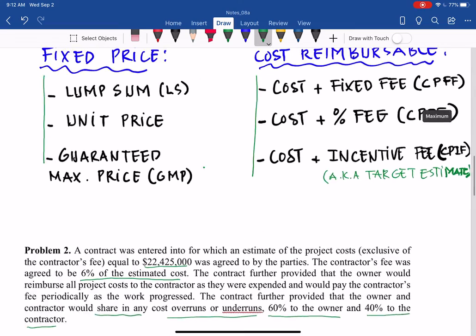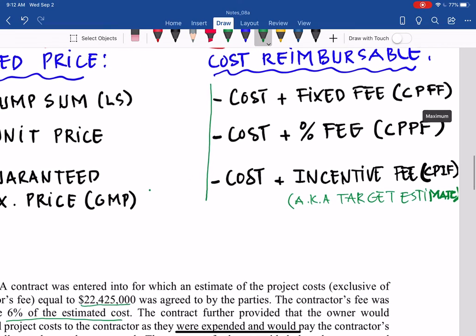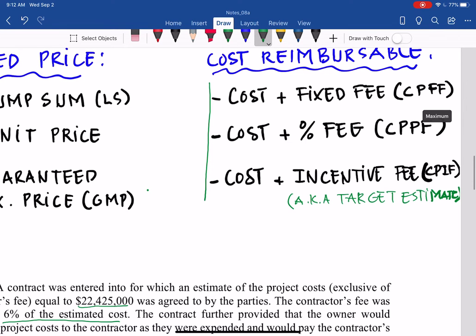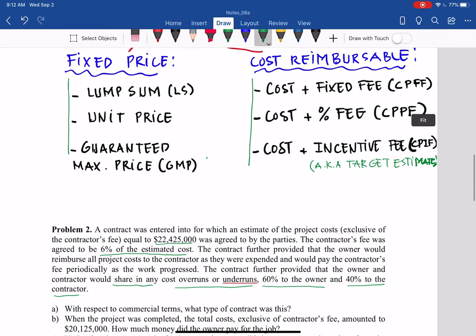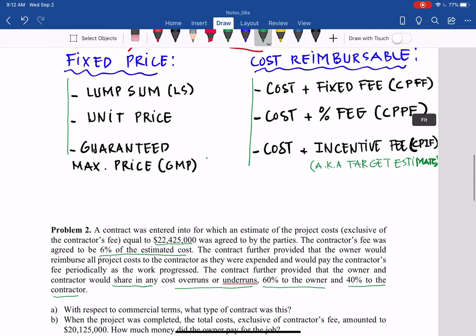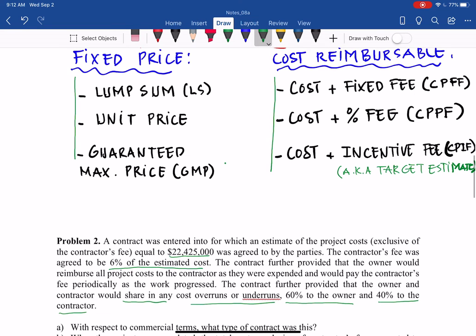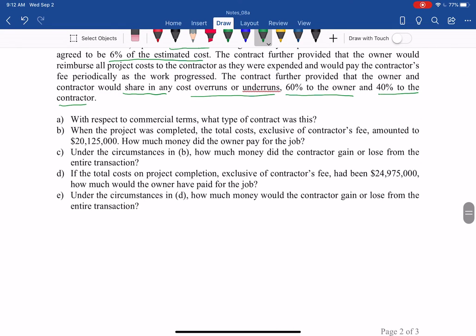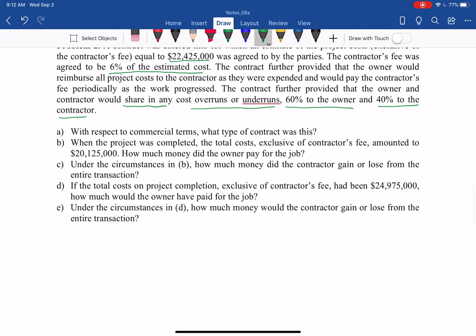So the second one, cost plus percentage fee, is crossed out; it's only fixed fee or incentive fee. But since they share any cost overrun or underrun, that should be the CPIF, cost plus incentive fee. So analyze, read the whole problem. Don't read one sentence and make a decision immediately.